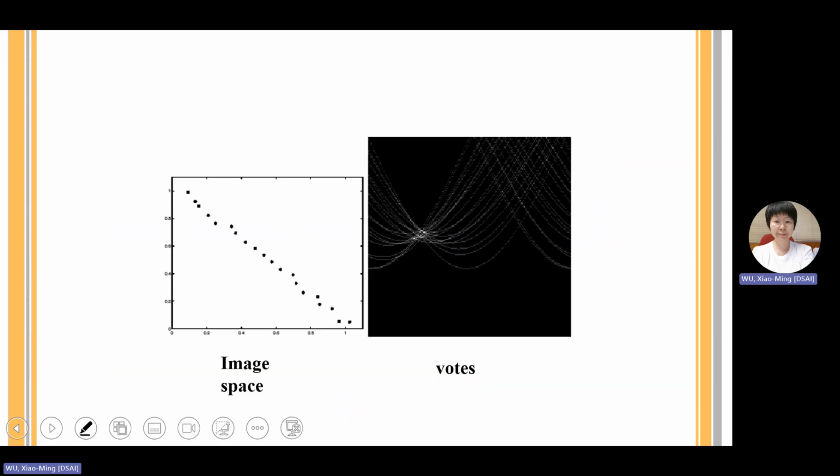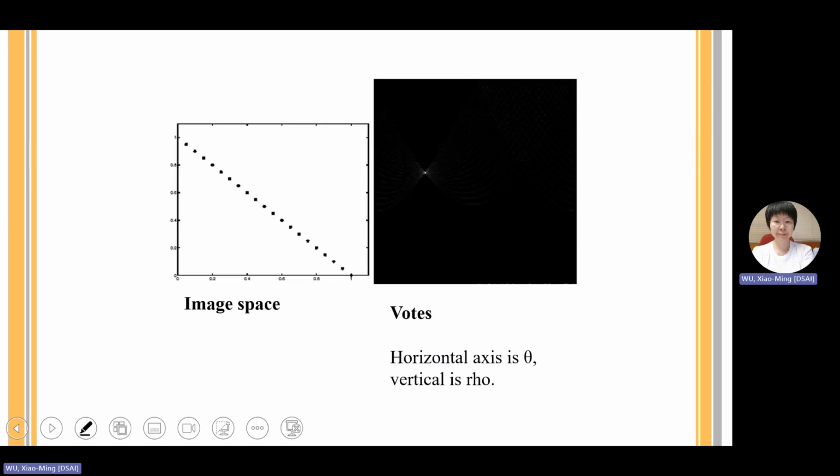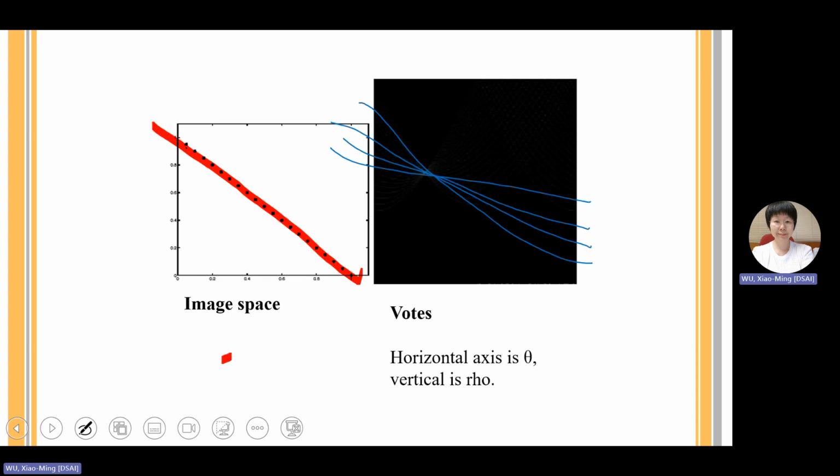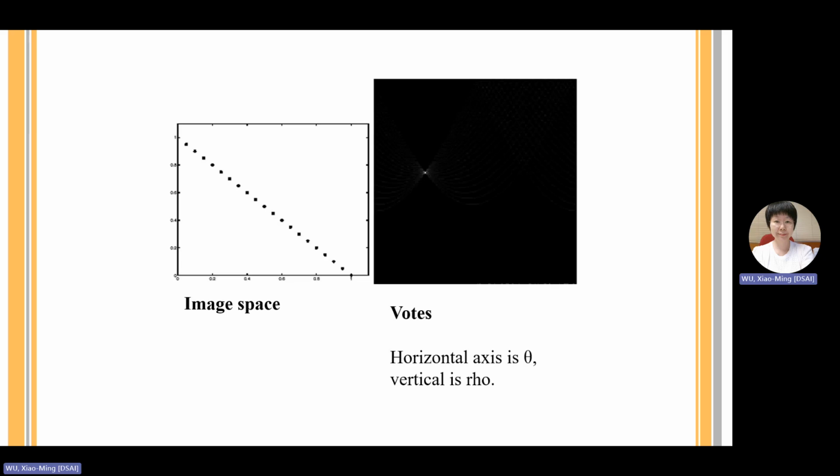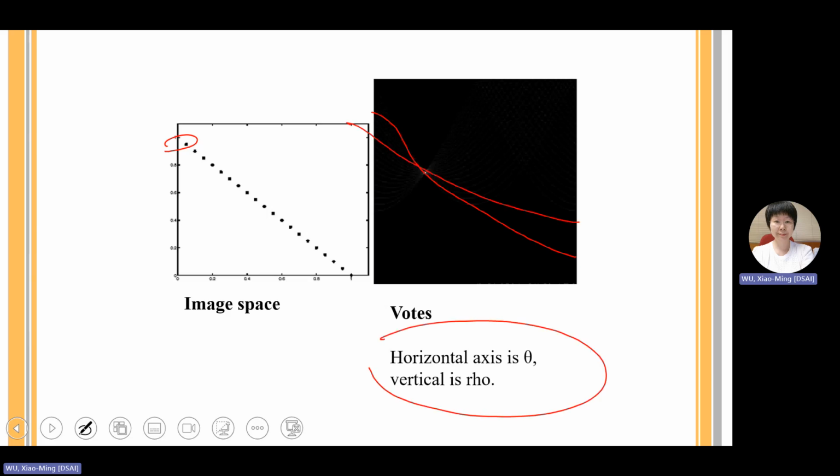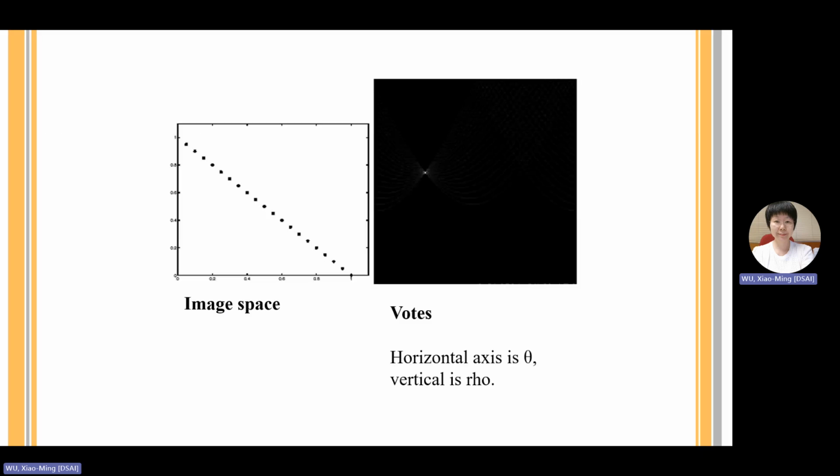As you can see in the image space, if there's a line, then each point will give a curve in the rho theta space.